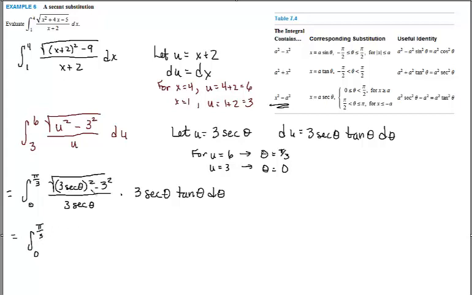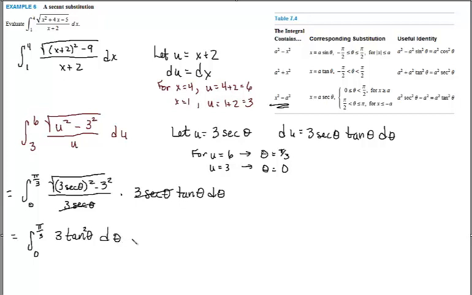So this is going to end up being a 3 on the outside because it's a 9 in there. Take it out, that's a 3 on the outside. That's going to be a tangent squared, which is just going to be a tangent theta. This 3 secant and this 3 secant go away. I'm just going to write tangent squared d theta because that's what it is.